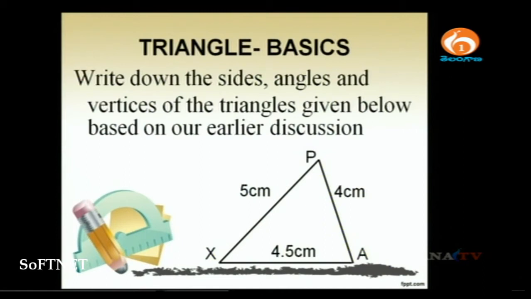The question is, write down the sides, angles and vertices of the triangle given below based on our earlier discussion. You have to write the names of the sides with their lengths, and names of the angles and the names of the vertices. Are you writing, children, in your notebooks?